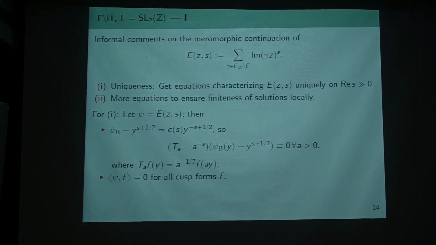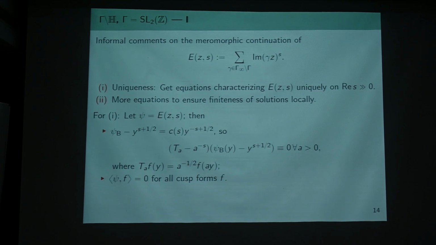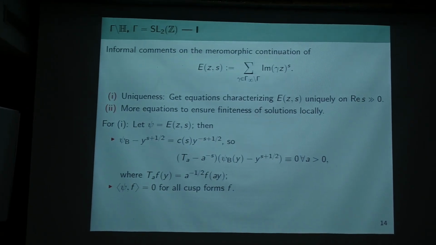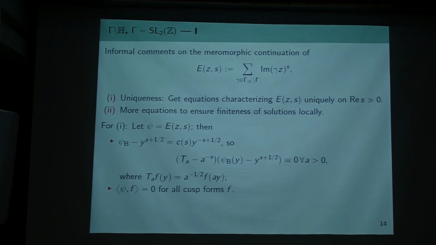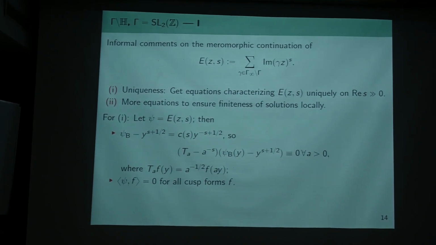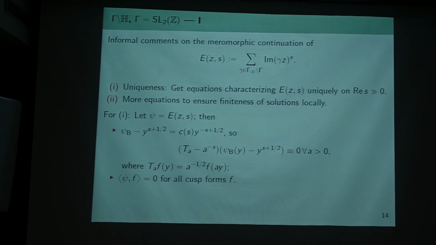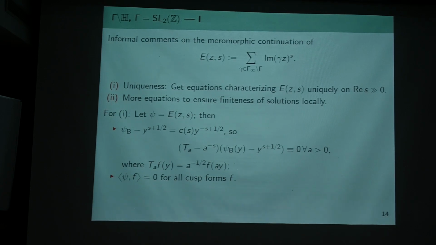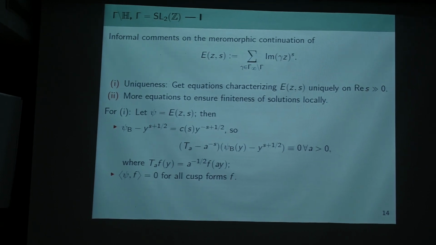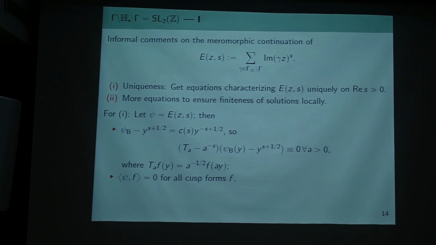So psi minus E of z comma s is bounded. What does that mean? The constant term is bounded. If your automorphic form is bounded, its constant term is also bounded. But what is the constant term? It's a multiple of y raised to minus s plus half. It cannot be bounded as s goes to 0. It's of course bounded as s goes to infinity, that is what we used. But then we have gone to the automorphic form and come back with the consequence that it is bounded as s goes to 0. Okay?